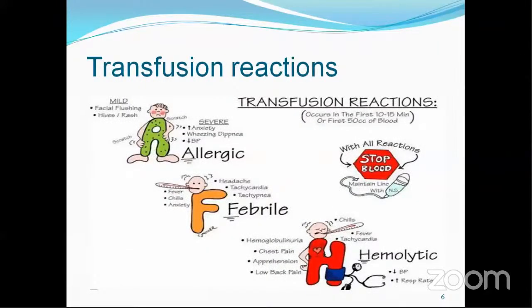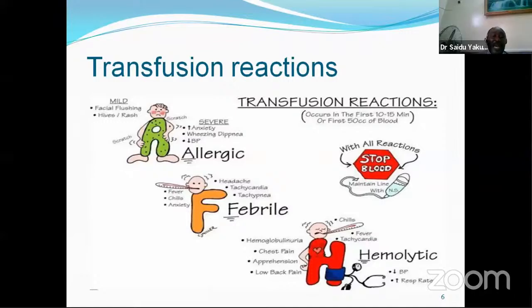Transfusion reaction may be mild or severe. It could also be allergic, febrile, or hemolytic. Whenever there is a reaction to blood administered, the transfusion should be stopped and maintained along with normal saline, and the blood should quickly be sent back to the blood bank.